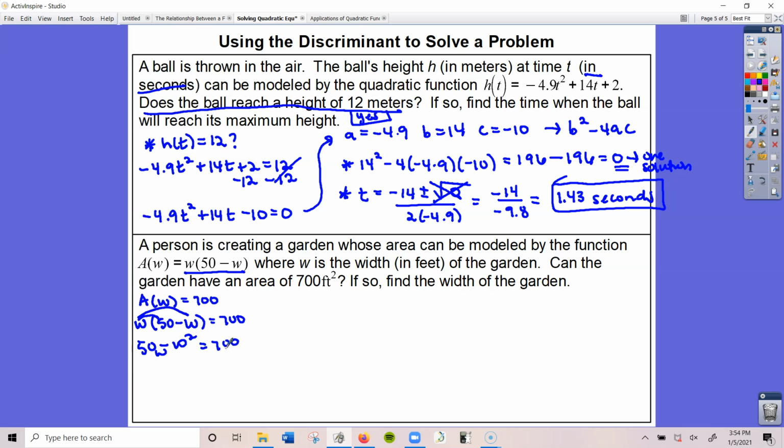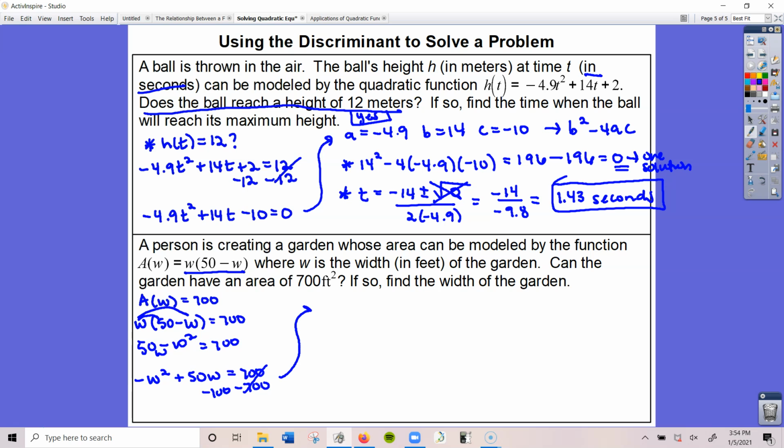This is now a quadratic, and I'm going to want to write this in standard form, meaning that we want the term with the highest exponent in the front. So I'm going to rewrite this as negative w squared plus 50w is equal to 700. And just like with all of our previous examples, we want to make this equal to 0.